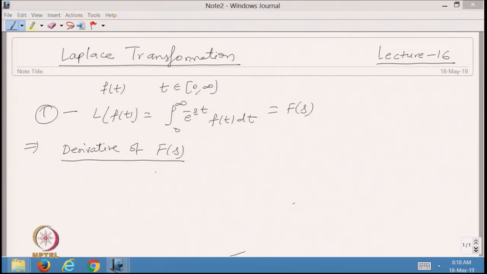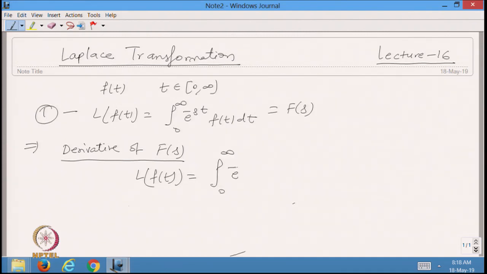I have the Laplace transformation of f(t), the integral from 0 to infinity of e raised to power minus st f(t) dt, and this is equal to F(s).